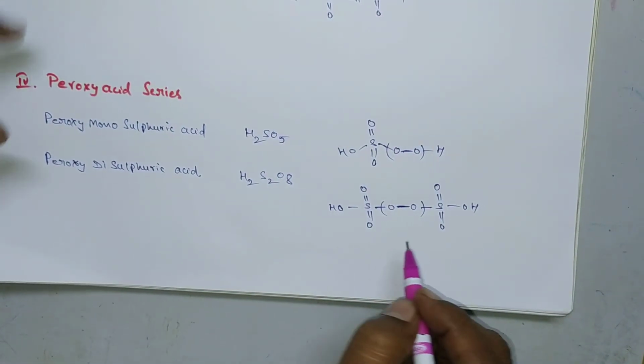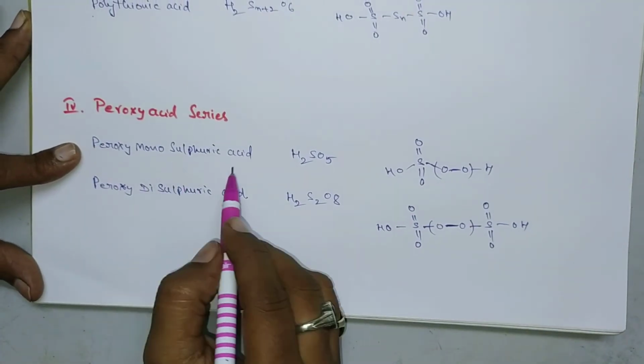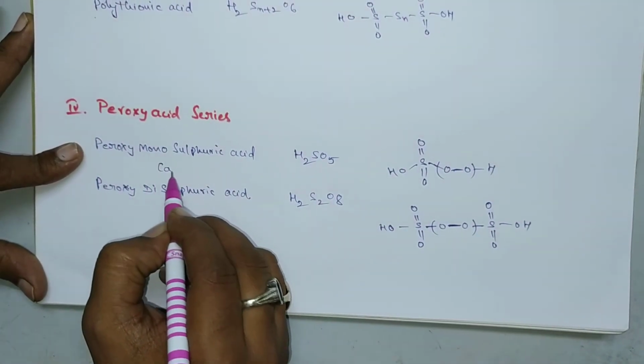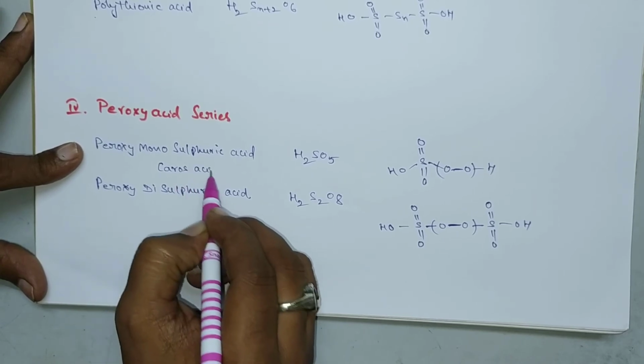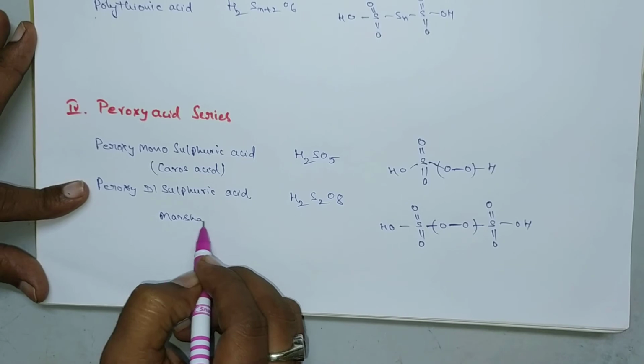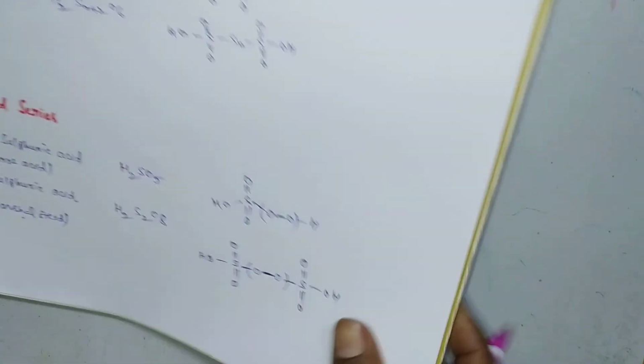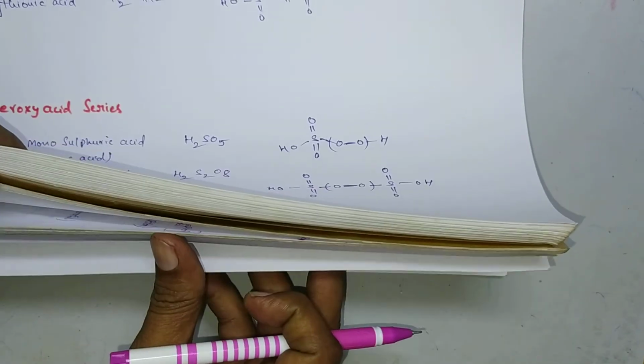Okay. So in this way you can easily remember all the oxo acids. This peroxymonosulfuric acid is also called Caro's acid. And this is called Marshall's acid. So by using this simple trick you can easily remember all the oxo acids of sulfur.